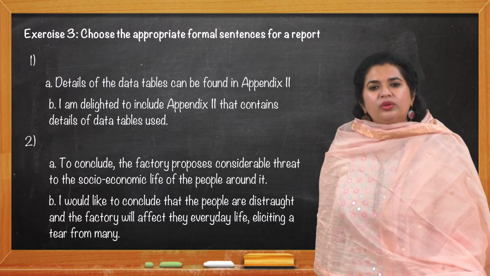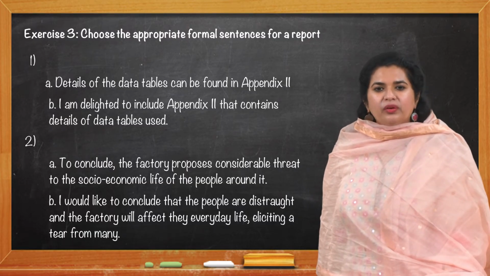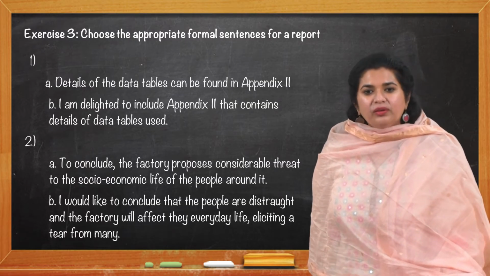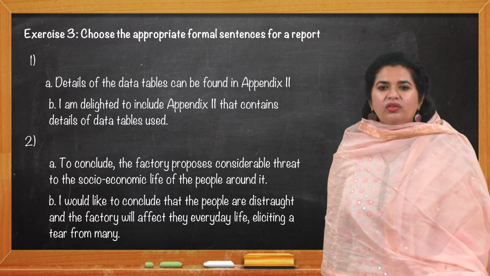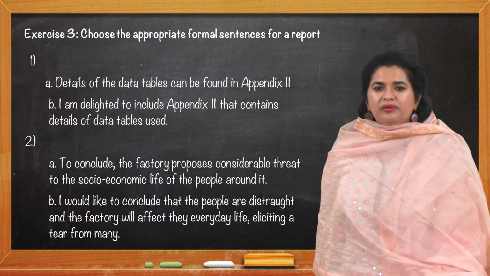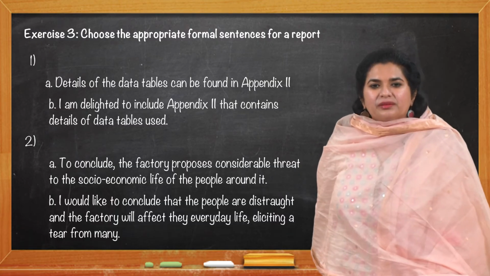Second, A, to conclude, the factory poses considerable threat to the socio-economic life of the people around it. B, I would like to conclude that the people are distraught and the factory will affect their everyday life, eliciting a tear from many. Now, look at the choices here.